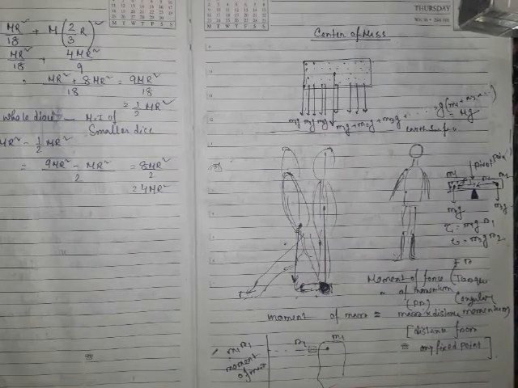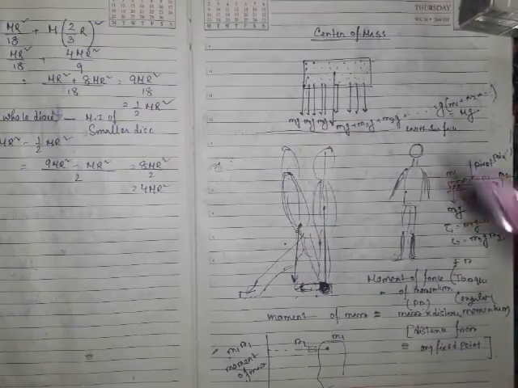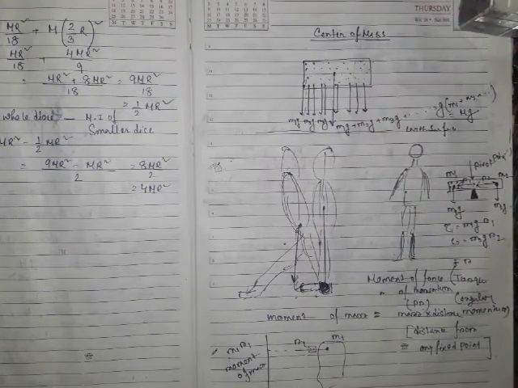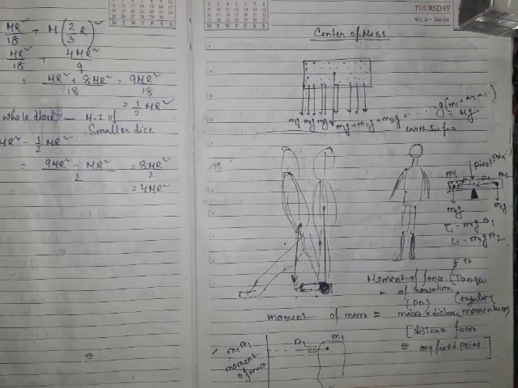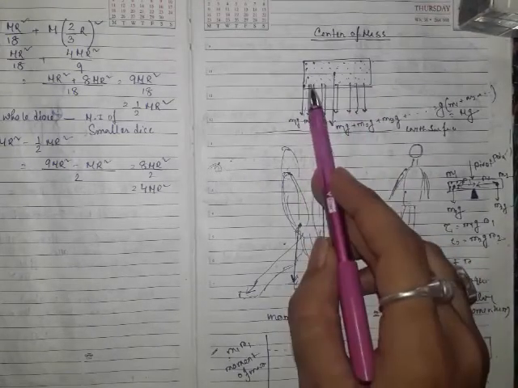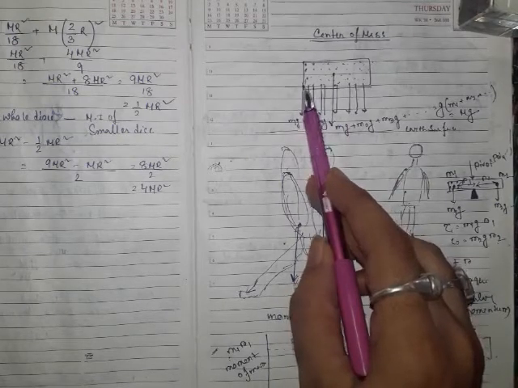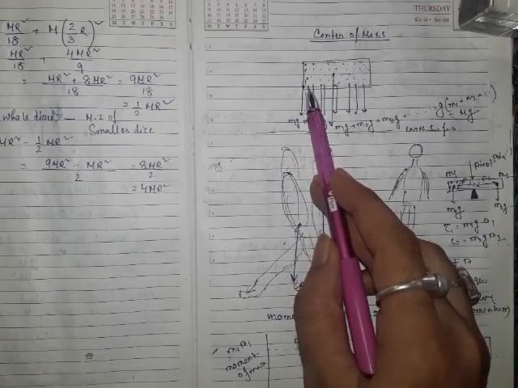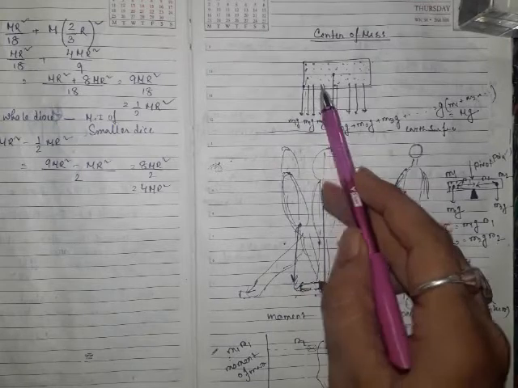Now each individual point mass is attracted by the earth. Let this point mass have mass m1, this one mass m2, and this one mass m3.